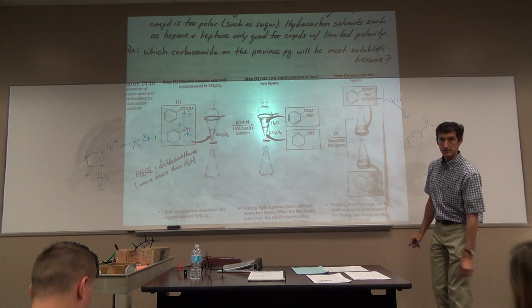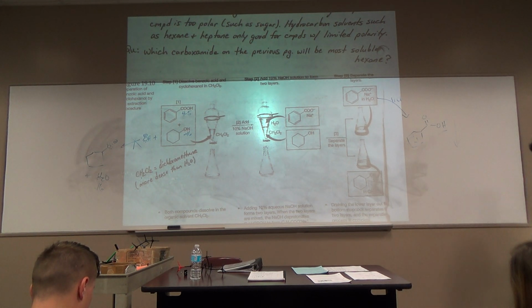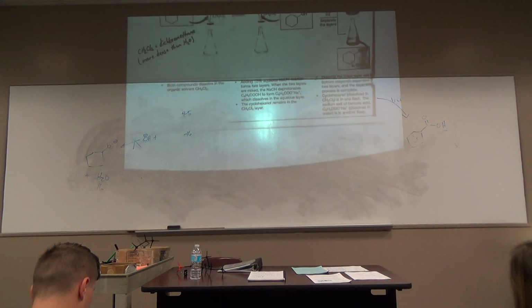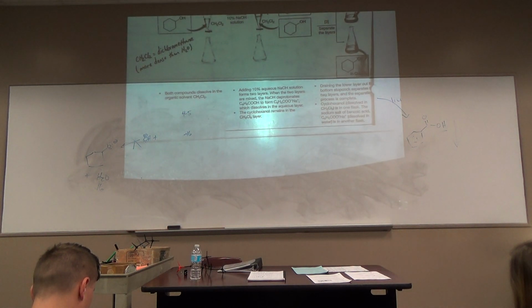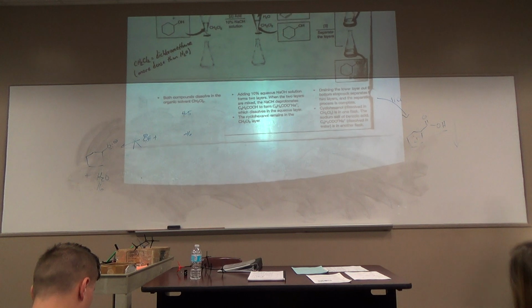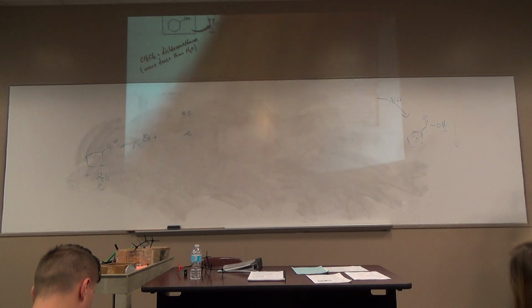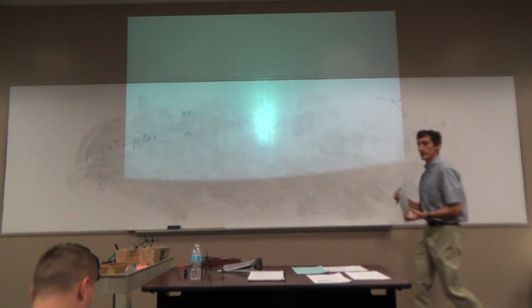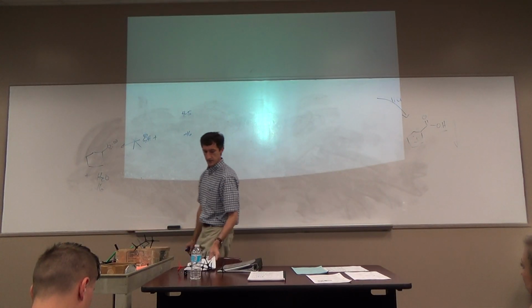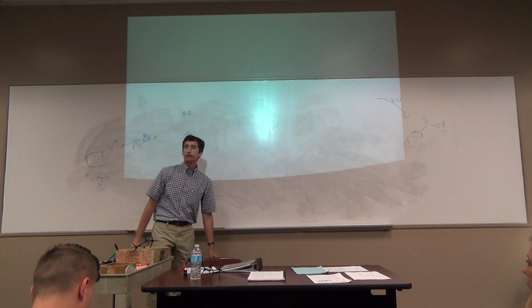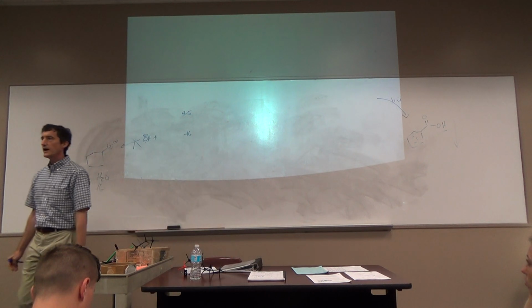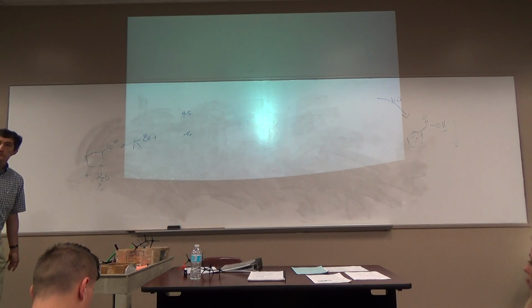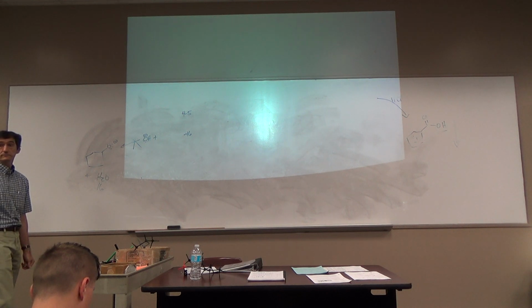We sort of talked about that earlier on today a little bit. Okay, things are described down there. Any questions there? Standard extraction process, acid-base. Ultimately, you can get something to become an ion. It's going to want to go into the water, where non-ions are going to prefer organic.